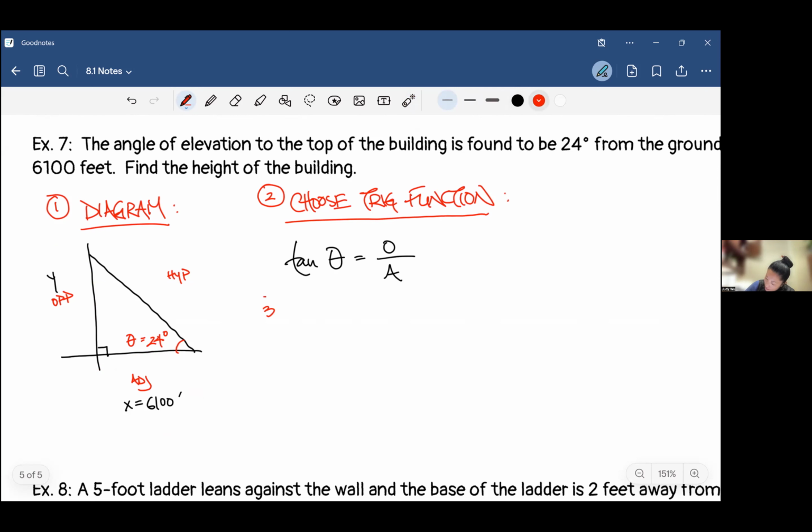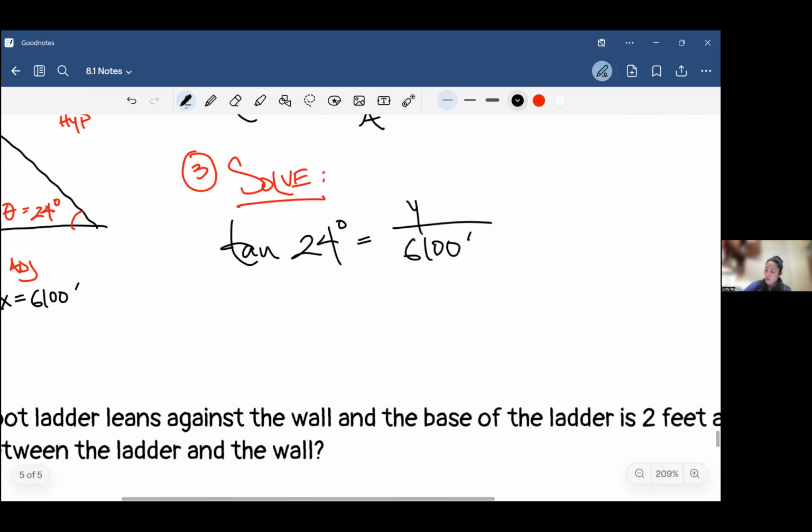All right, let's fill in our numbers now so we can solve. All right. So we have tangent of 24 degrees equals opposite, which is y, over 6,100 feet. Now, kind of like before, I have y divided by something.